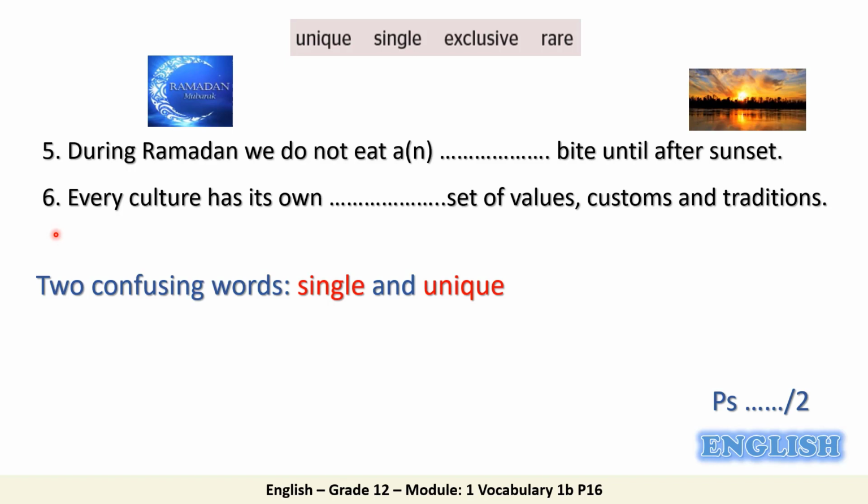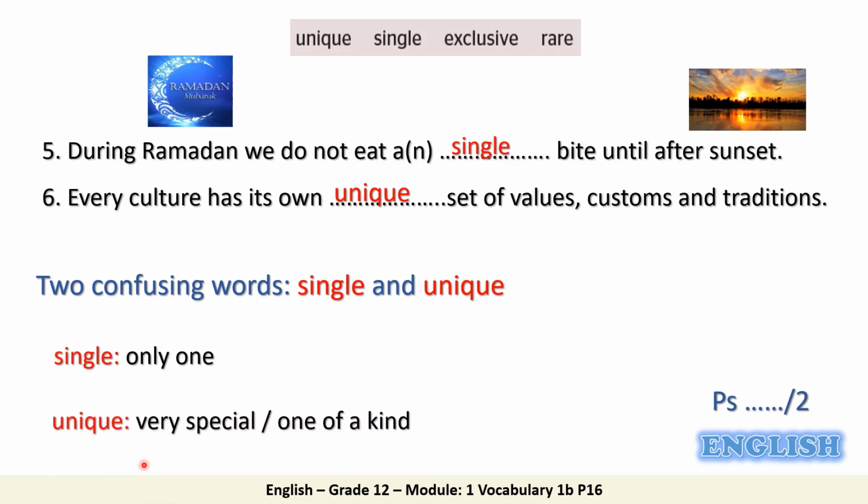Your answer is excellent. Single. A single bite means one bite. Single means only one. And number 6: every culture has its own unique set of values, customs, and traditions. And the word unique means very special, one of a kind. Okay, let's continue.